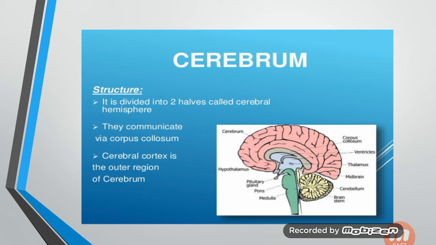Both the cerebral hemispheres control the parts of the body. For example, right cerebral hemisphere will control the left side of the body, and the left cerebral hemisphere controls the right side of the body. Cerebral cortex is the outer region of the cerebrum.